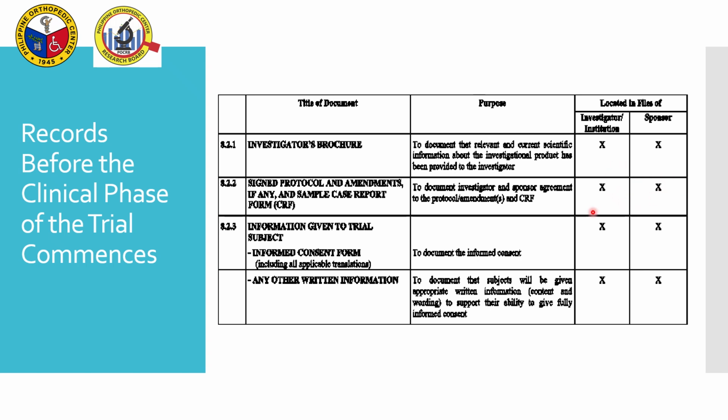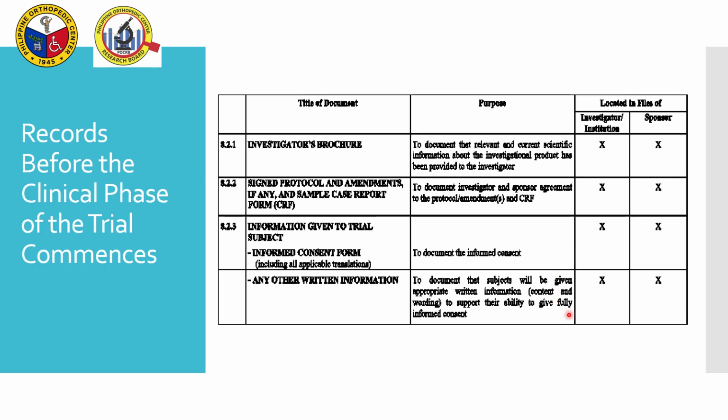Next is the information given to the trial subjects, which includes the informed consent form, including all applicable translations, and any other written information provided to the subject. The primary goal here is to document that the subjects have been given clear, appropriate, and understandable information.